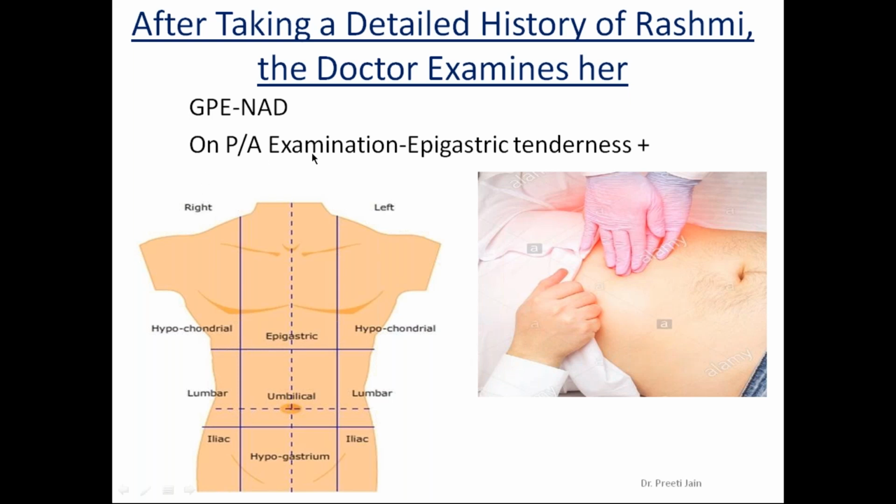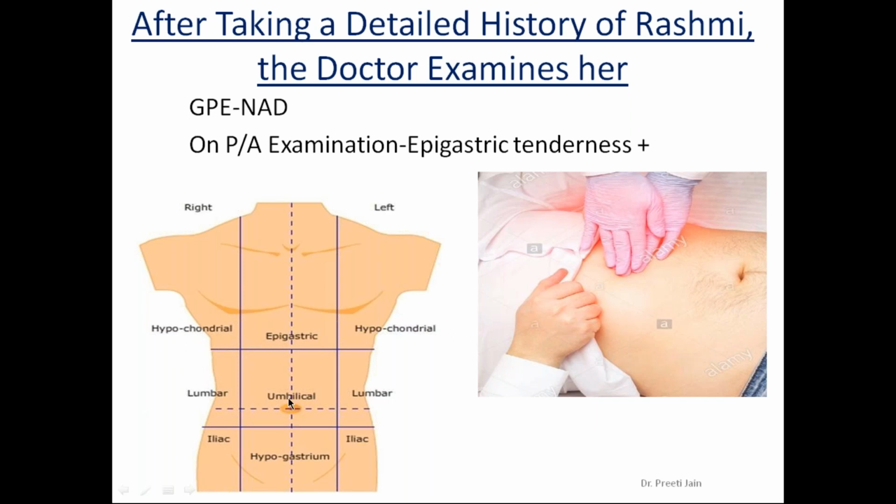On per abdominal examination, because she is complaining of upper abdominal pain, the systemic examination was more and more concentrated onto the abdomen. Abhi aapka hua nahi hai, but still. By and large in anatomy, you must have been told about the various quadrants of the abdomen. So these are the 9 regions into which the abdominal examination is usually divided.